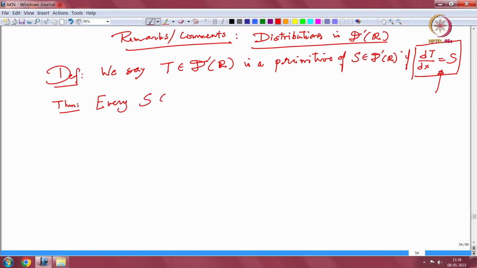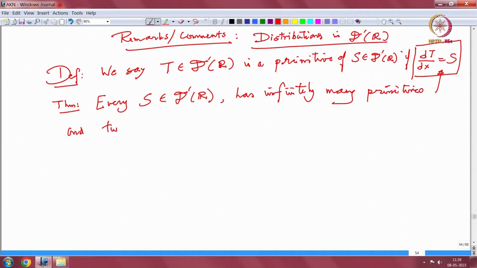Every S in D prime, even if I do not write R we are dealing with R, has infinitely many primitives, as you know in the case of functions, and two of them differ by a constant in the sense of distribution.